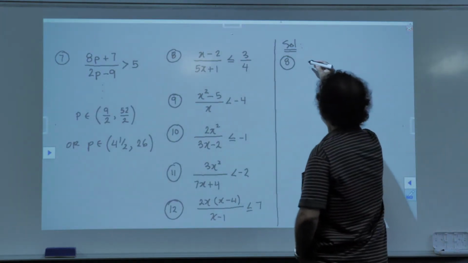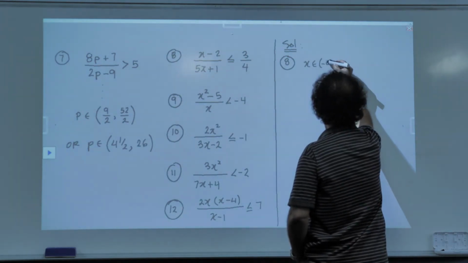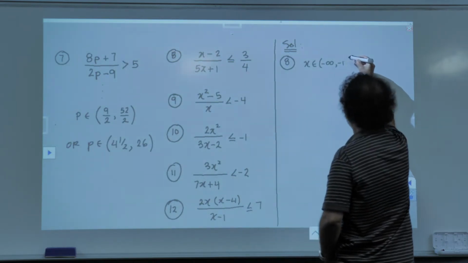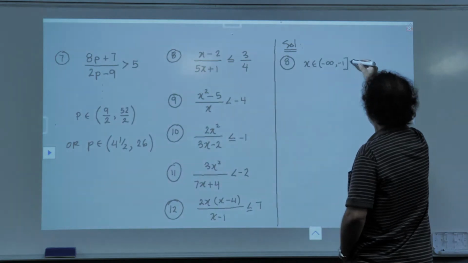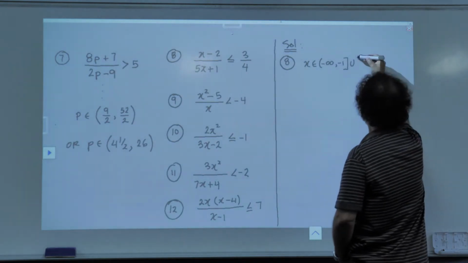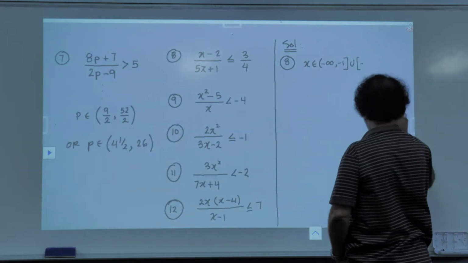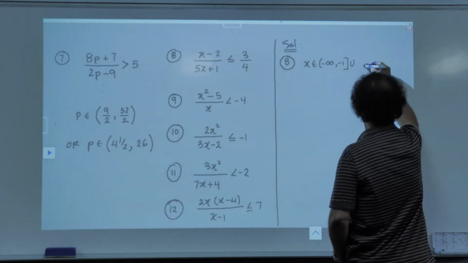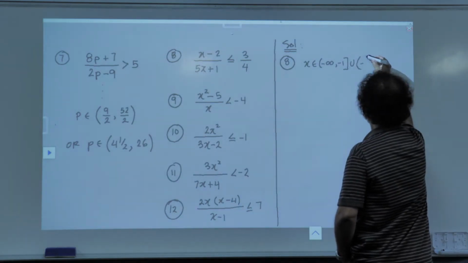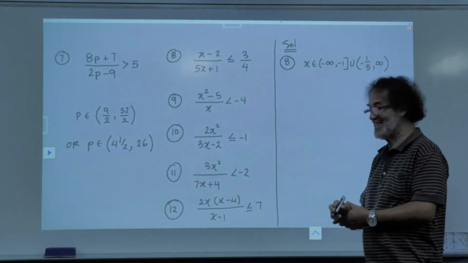X belongs to negative infinity to negative 1, inclusive, united with negative 1/5, exclusive, to infinity and beyond.